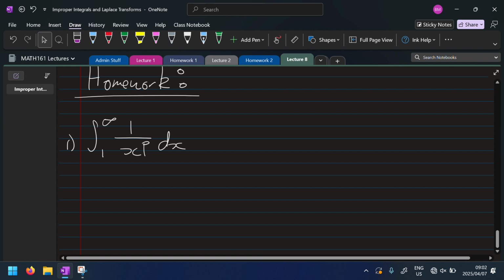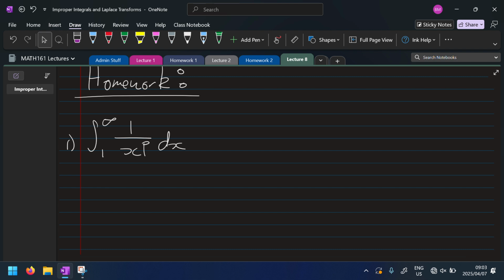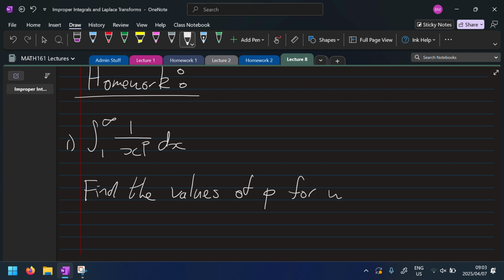What we want is to find the values of p for which the integral converges.